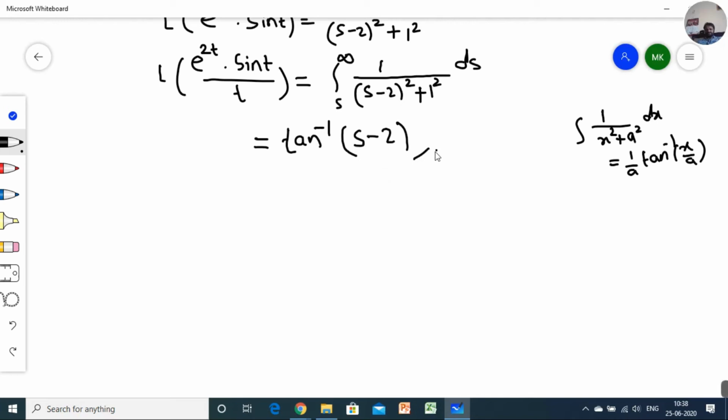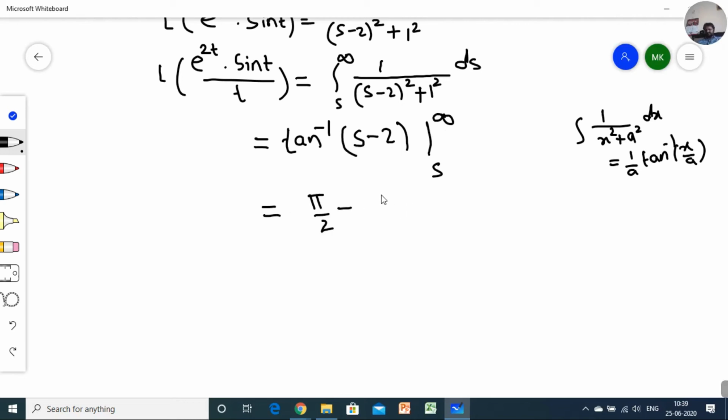So this is not the final result, because we have to apply the upper minus lower limit, s to infinity. While applying the upper limit, it will become tan inverse of infinity, and tan inverse of infinity is pi by 2.